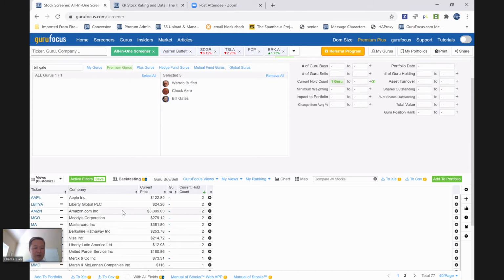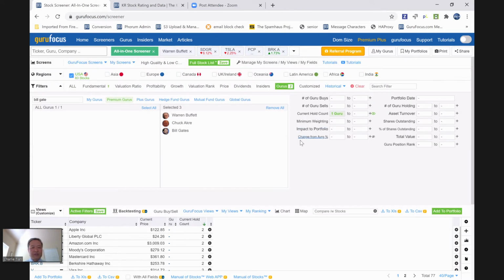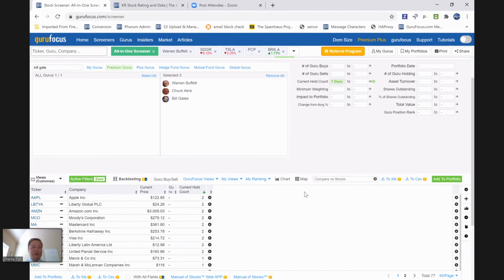And there's Amazon also. Then, of course, there's Moody's, Mastercard, and Berkshire Hathaway, because both Chuck Akre and Bill Gates own Berkshire Hathaway. Of course, Warren Buffett owns most of Berkshire Hathaway. So you can use the all-in-one screener to find out the common holdings of your favorite gurus.